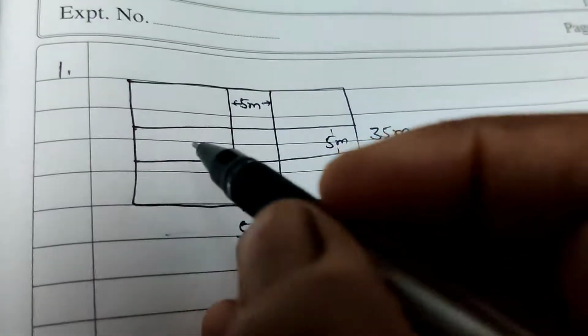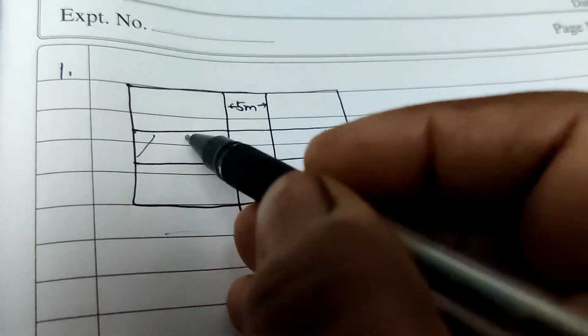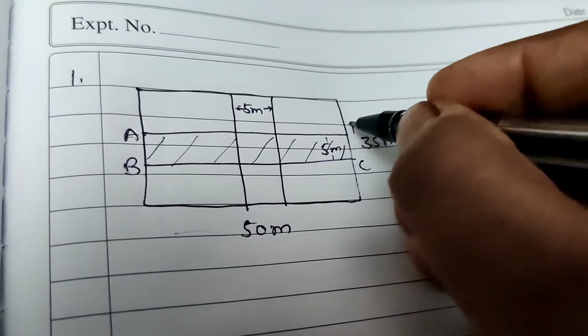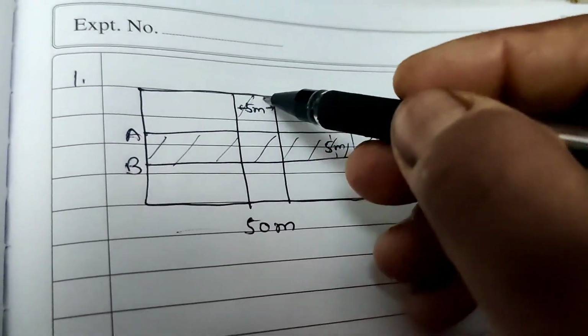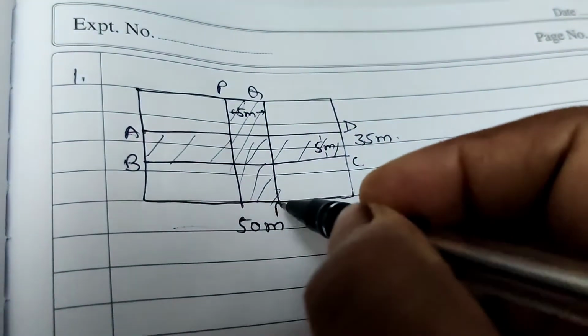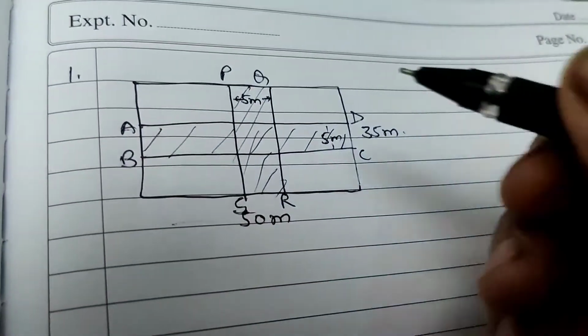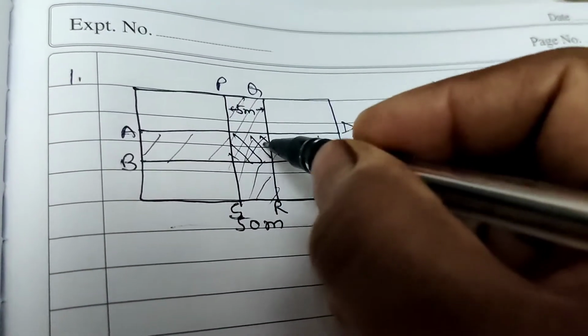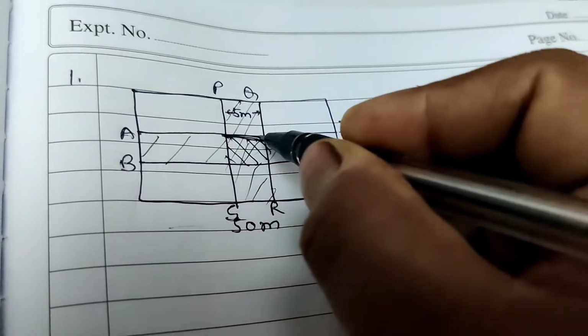Now here is a rectangle, one rectangle. Name this A, B, C, D. And another rectangle, this one. Name P, Q, R, S. And here is a square, because this is 5 meter length and 5 meter wide.